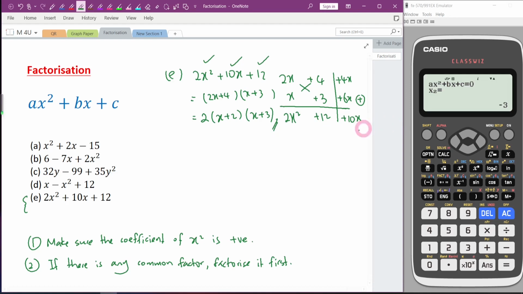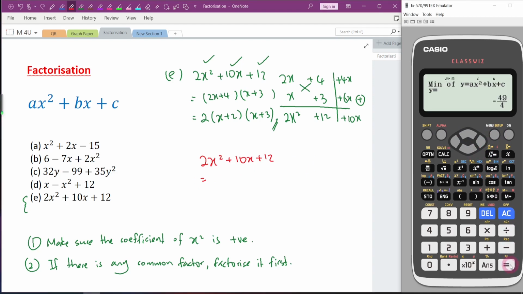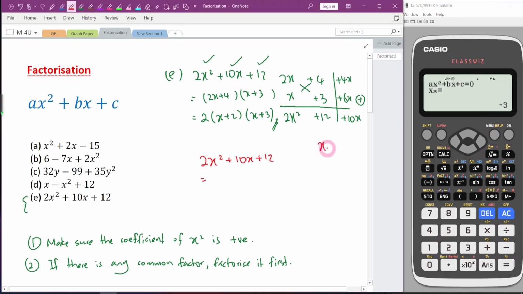So if you are using calculator, if you directly key this into your calculator, you will get the wrong answer. 2, 10, 12. Calculator gives you negative 2 and negative 3.